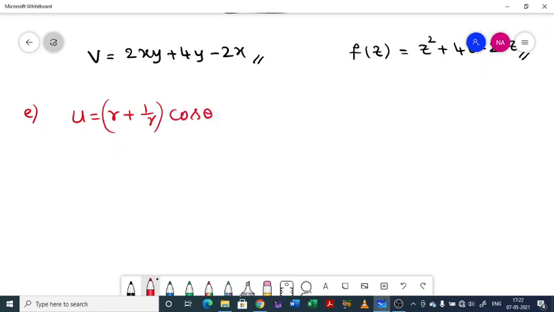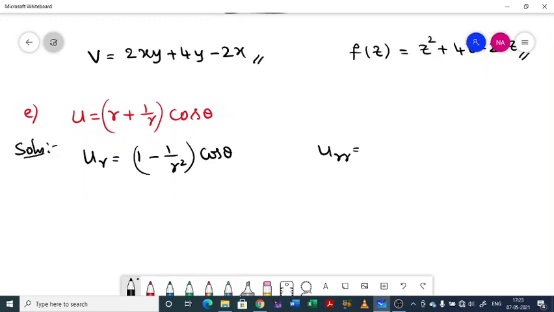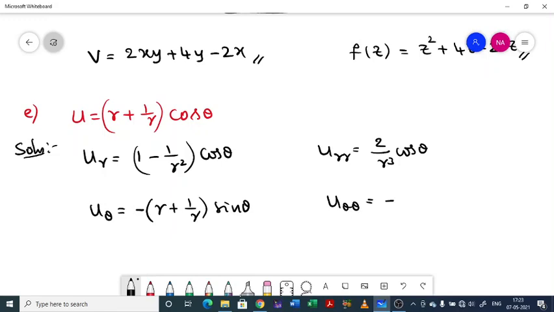Solution: u r equal to 1 minus 1 by r square cos theta, and u double r equal to 2 by r cube cos theta. u theta equal to minus of r plus 1 by r sin theta, and u double theta equal to minus of r plus 1 by r cos theta.